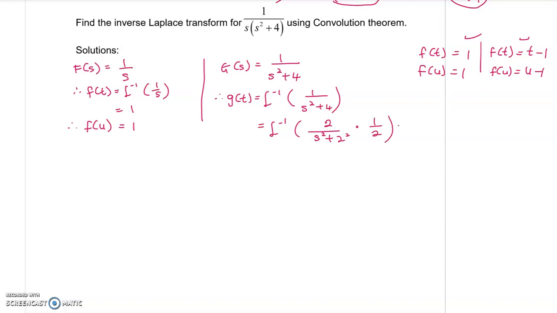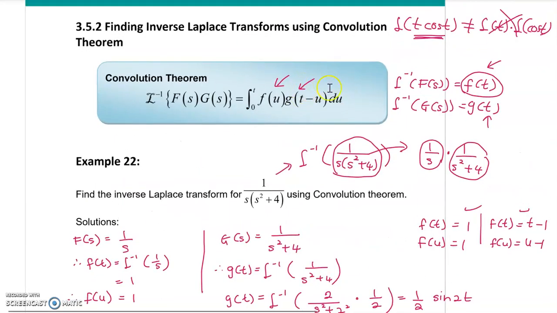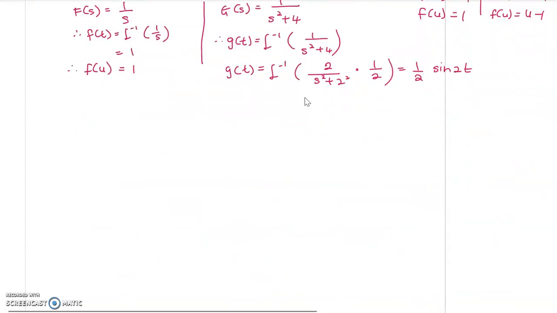So this is 1 over 2, and then the inverse of 2 over s squared plus 2 squared is sine 2t. So this is our g(t), 1 over 2 sine 2t. But in the theorem, we need to have g(t minus u). So g(t minus u) is simply 1 over 2 sine of 2(t minus u).